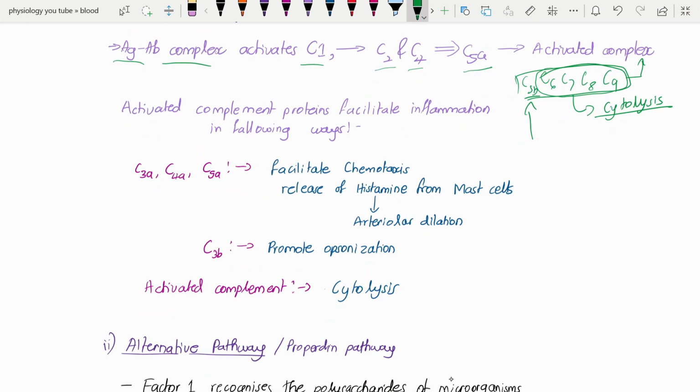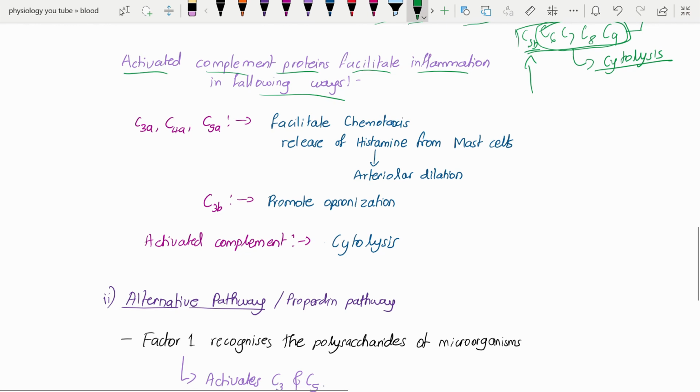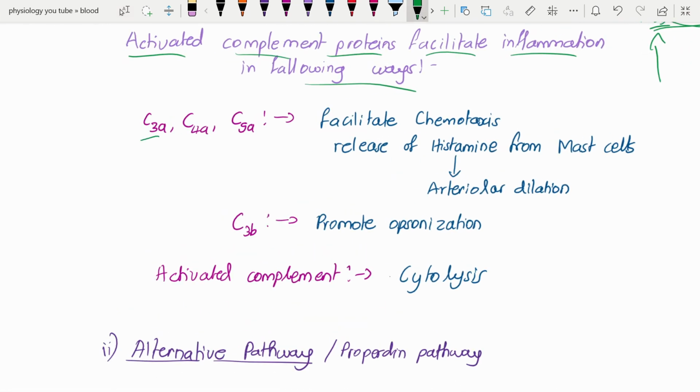The activated complement proteins facilitate inflammation in the following ways. I will explain the different types of complement proteins involved in different stages of inflammation, which again is involved in immunity. Let me not make it complex: C3a, C4a and C5a.